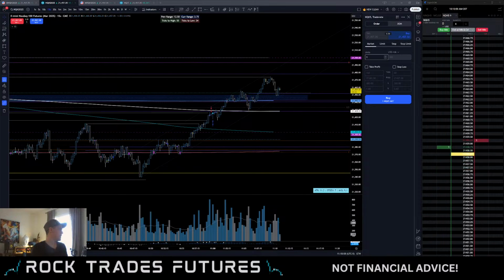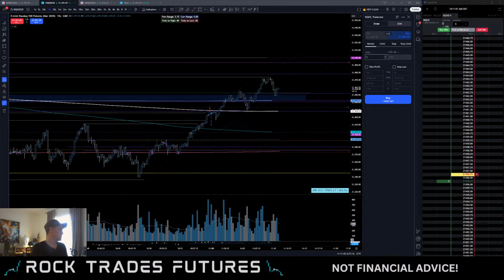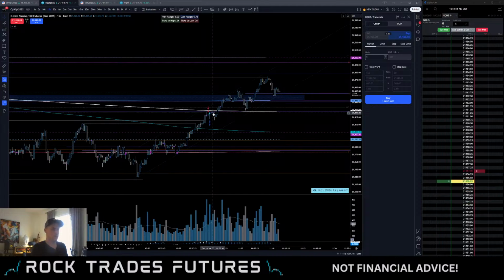20-minute reversal is working. A long trigger reversal printed on the 1 hour 11 minutes ago, right here. We printed a long trigger on the 1 minute.